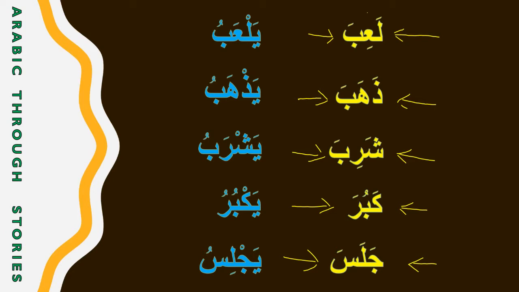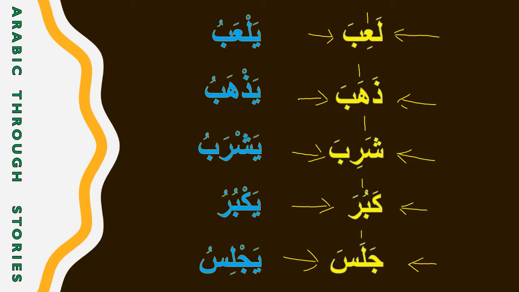Now notice the ayn. What is on the ayn? Fatha. What is on this one? Kasra. And what is on this one? Dhamma. And what is on this one? Fatha.